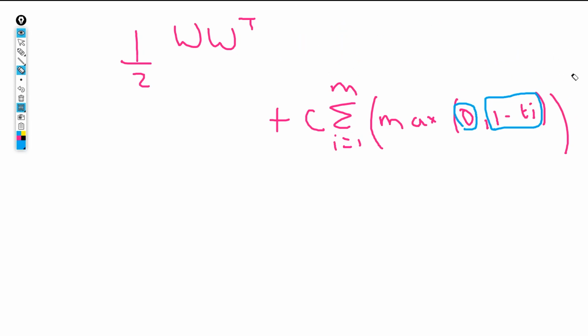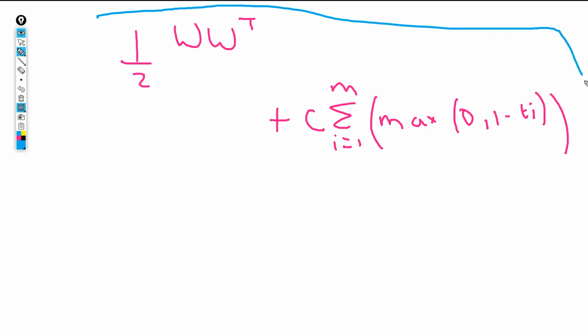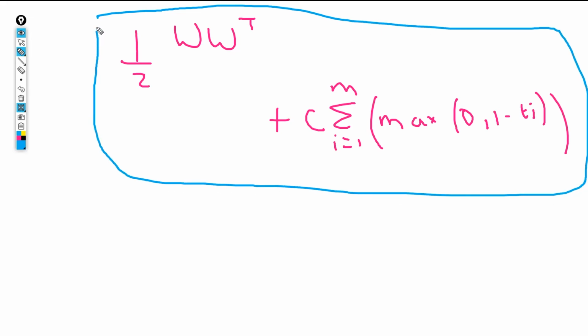So this was it for this video. Now you can use this formula as your error function, and you can minimize this so that you will get the optimal values of the line.